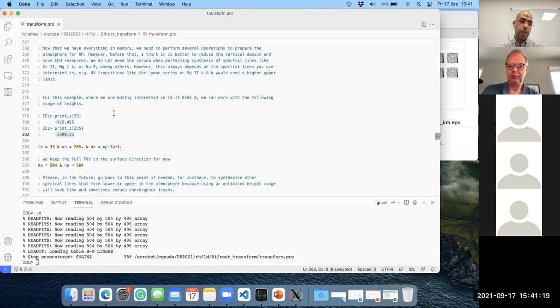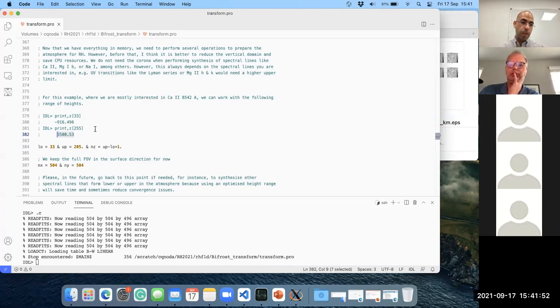The important thing, and please check it depending on your transition: if you are going to use UV lines like Lyman alpha or beta or magnesium 2 h and k, you definitely need to go higher, because they are sensitive to the transition region, which on average is higher than this. So just tailor this height domain based on your interest and the spectral lines you are going to synthesize.